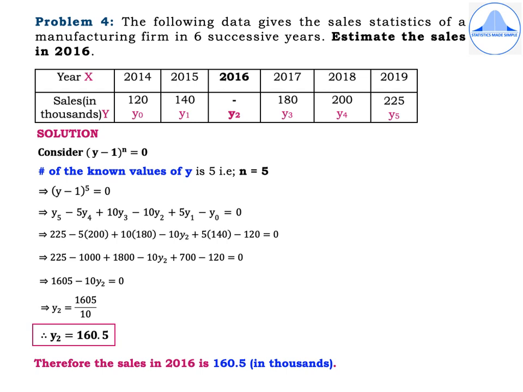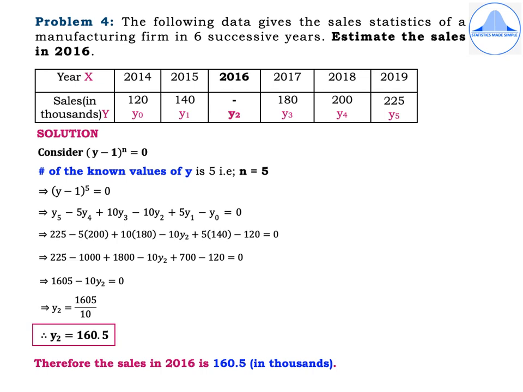Then from the table, substituting the values, you will get 225 minus 5 into 200 plus 10 into 180 minus 10 y2 plus 5 into 140 minus 120 is equal to 0, which implies 225 minus 1000 plus 1800 minus 10 y2 plus 700 minus 120 is equal to 0.